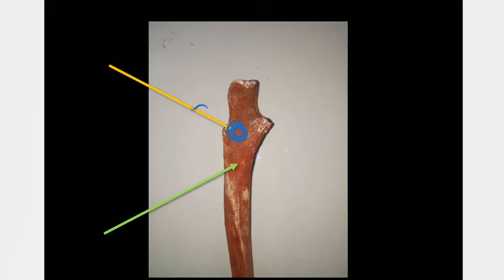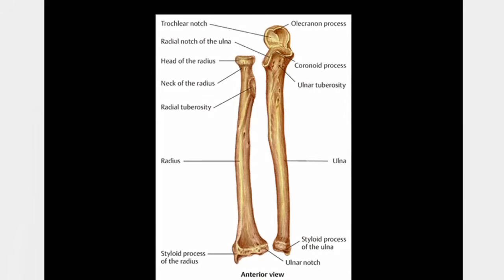This is where the radial head basically fits into. That radial head is going to fit down here. Okay, so it fits into the radial notch, and then down here, that structure is actually the ulnar tuberosity. It's not so observable in this picture. It's just a roughened area on the ulnar bone. As you can see in this picture, radial notch and then ulnar tuberosity down here.